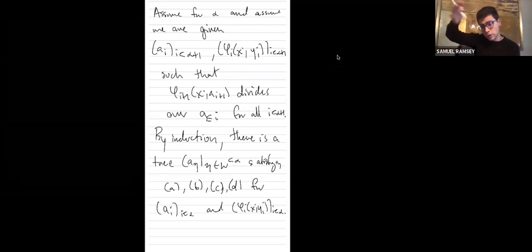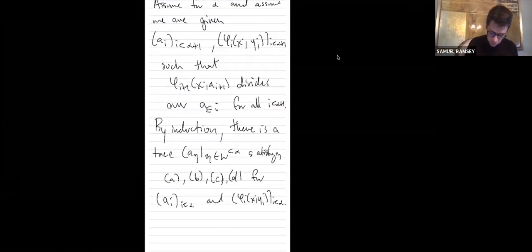So if I look at my sequence of tuples and my sequence of formulas up to alpha, so I forget the last one, then the inductive hypothesis will tell me that I can build a tree of height alpha such that paths are consistent, children of a common node are inconsistent, and the degree of inconsistency depends on the level. And additionally, the tree is S indiscernible, and the all zeros path has the right type.